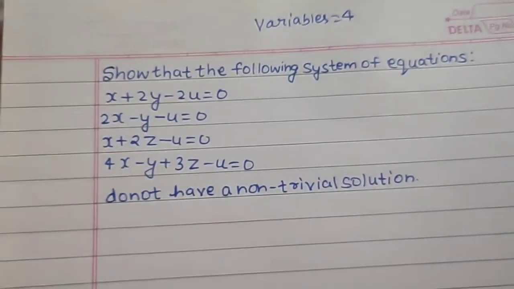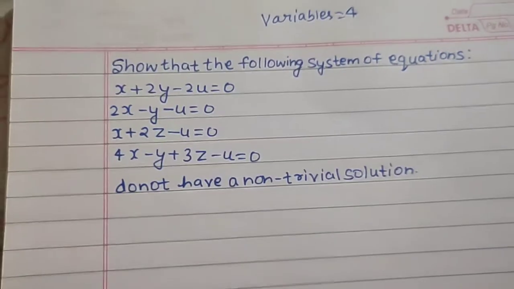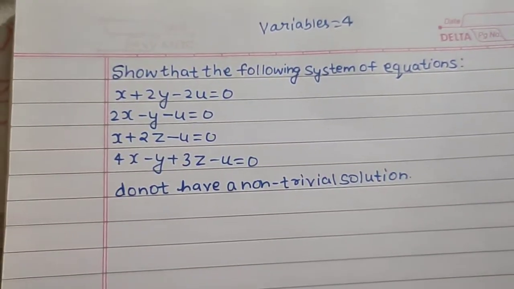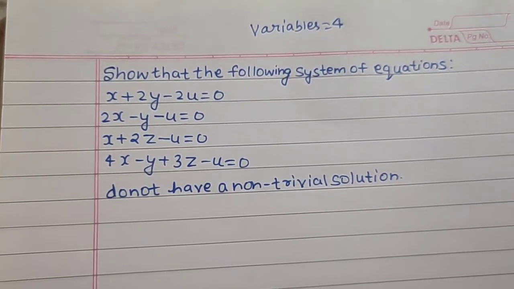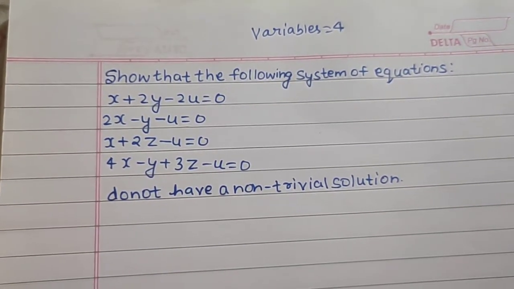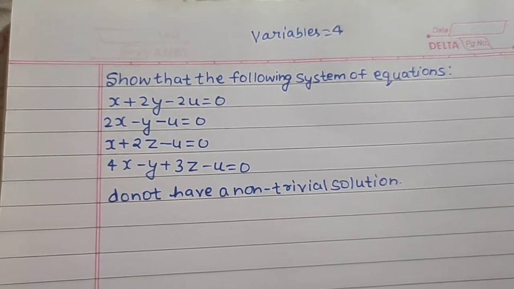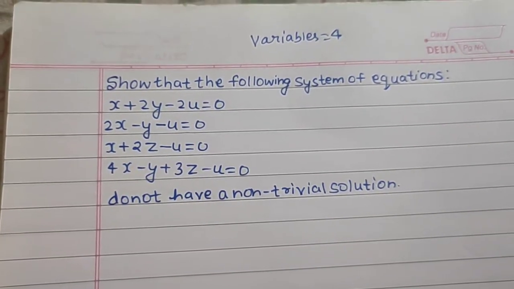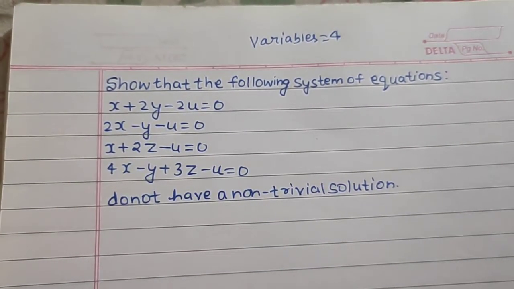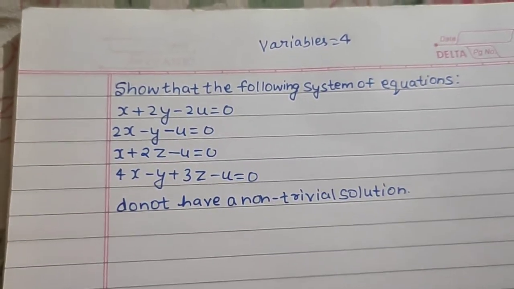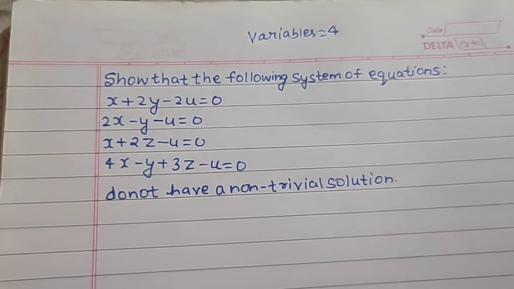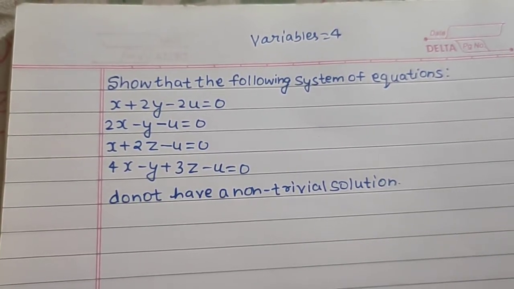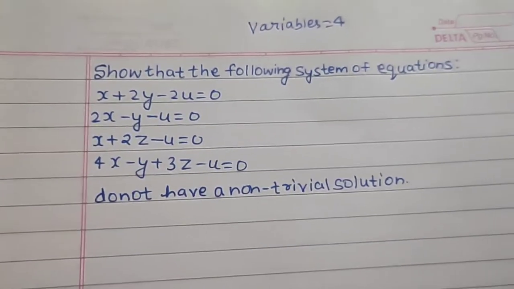Okay. So in case of homogeneous, we have two cases: either it's a trivial solution or it's a non-trivial solution. In case of trivial solution, the rank will be equal to the number of unknowns. Trivial basically means that all the values of variables will be 0. Suppose we have three variables x, y and z, then a trivial solution means that x equals 0, y equals 0 and z equals 0.